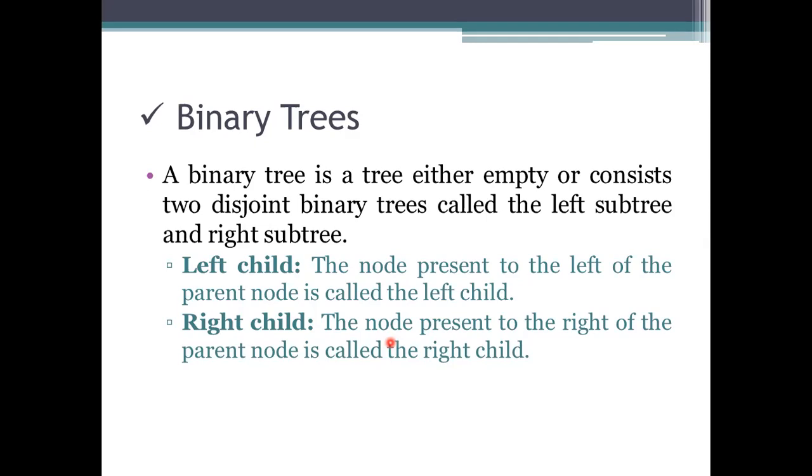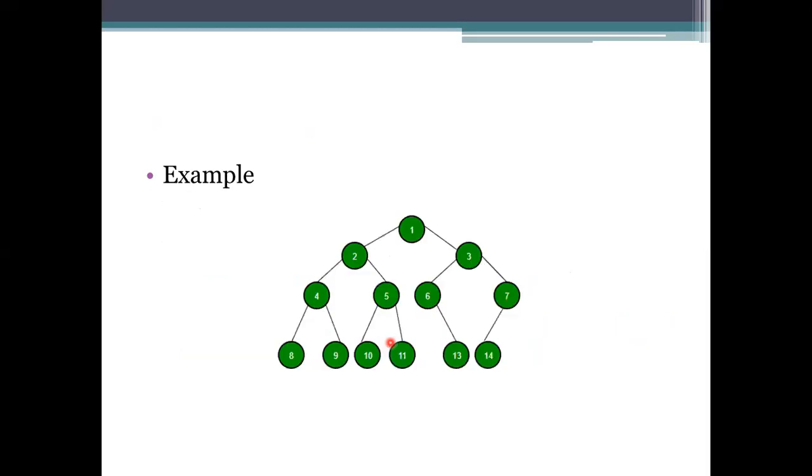If the node is on the left side of the parent, it is taken as the left child of that parent. And if the node is on the right side of the parent, then it is considered the right child. So at every node we have a left child and a right child also.